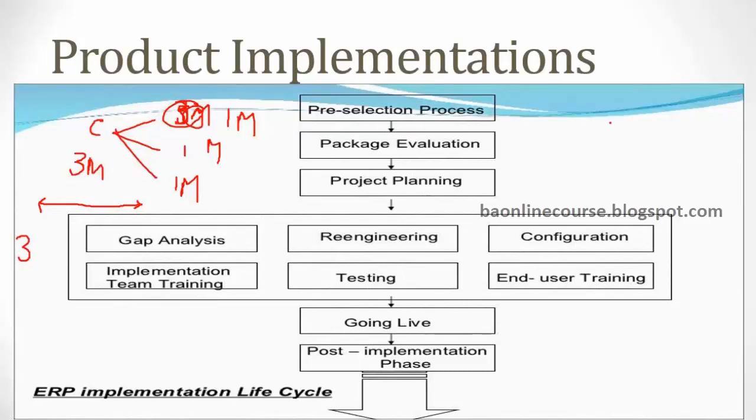So organizations save on cost and on time by using the products, right? They are also less risky, so risk is less. So these are the advantages they get out of products.